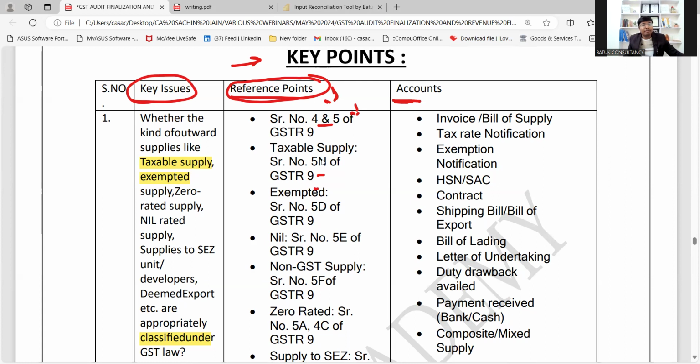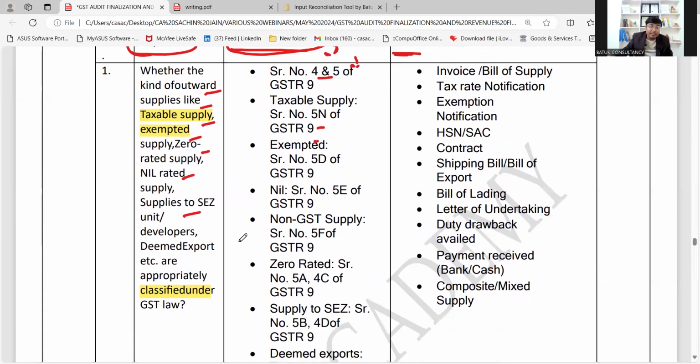Okay, so our first point is whether the kinds of outward supply like taxable, exempted, zero rated, nil rated, supply to special economic zone, developer, deemed export are appropriately classified or not, that you need to ensure.